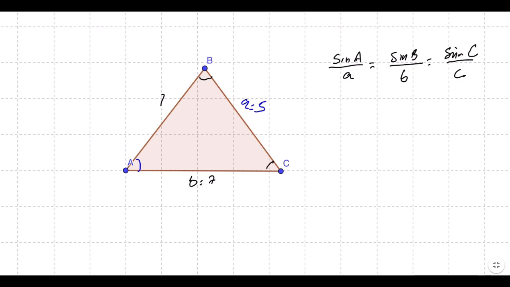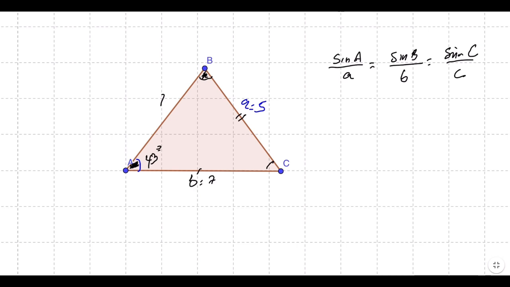So you have A, for example, you are given A is 43 degrees, and you have the length of this leg, which is 5, and you don't know angle B, but you have the length of this leg b.